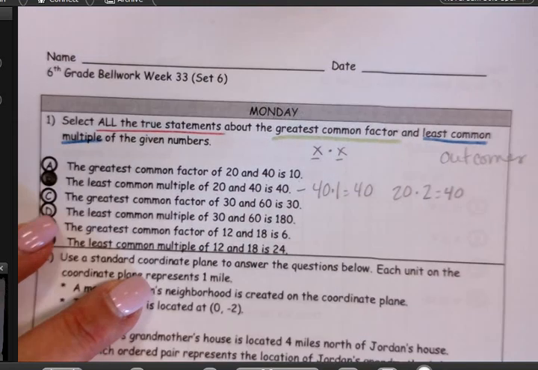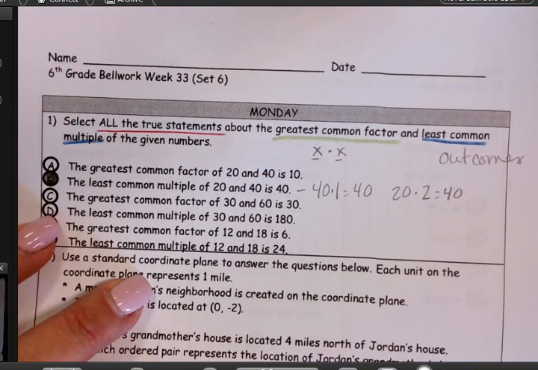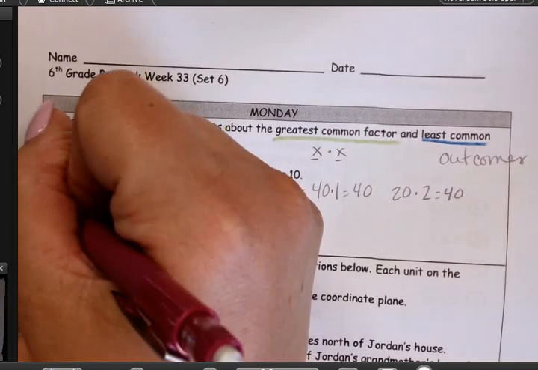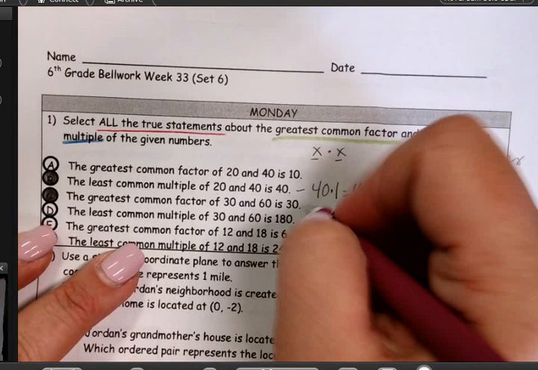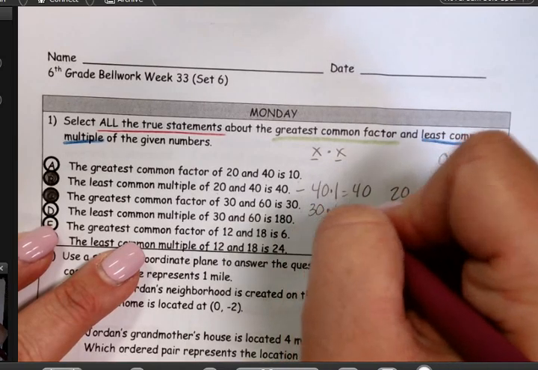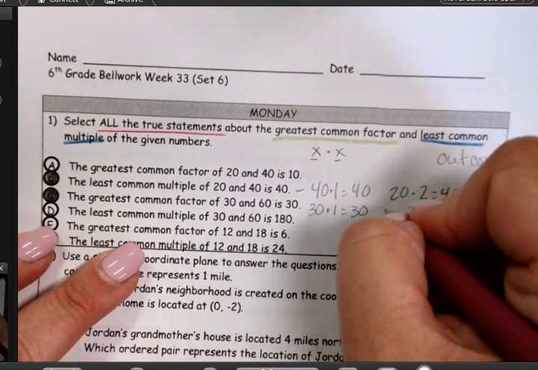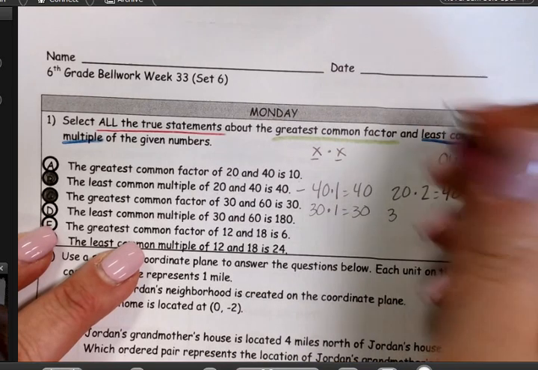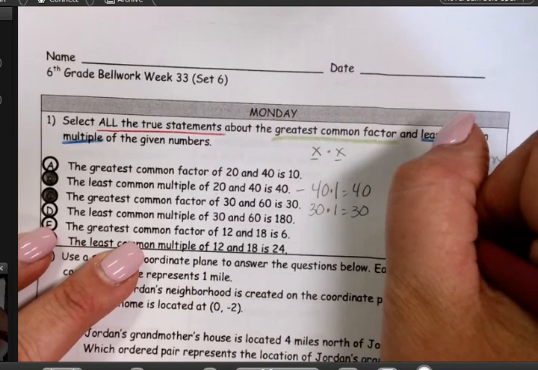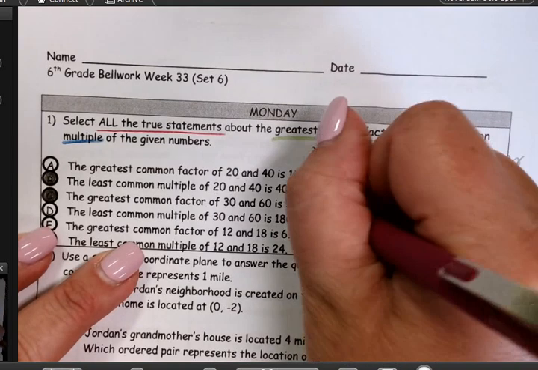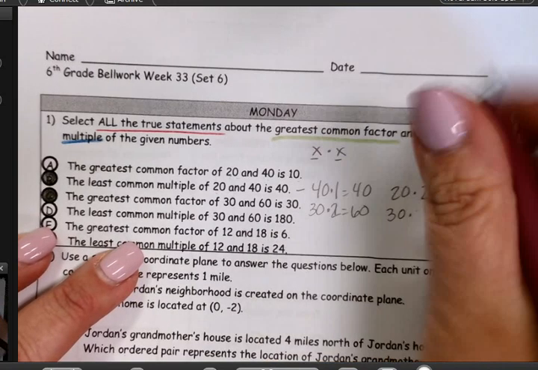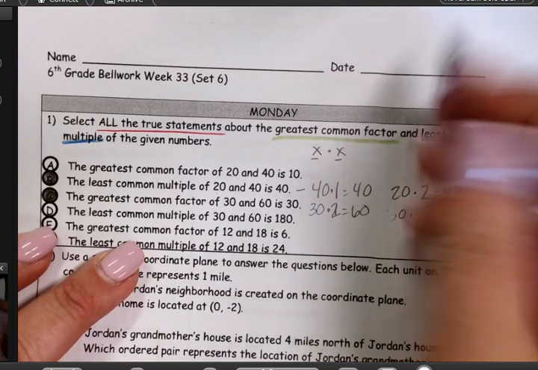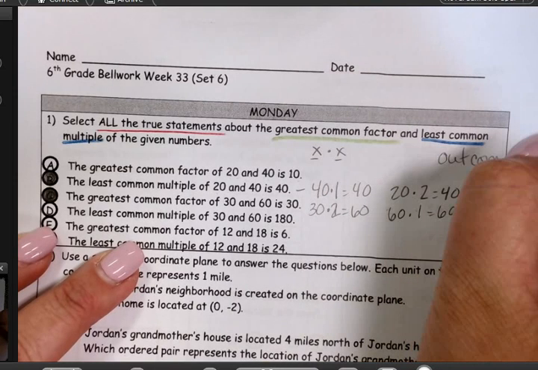C, the greatest common factor of 30 and 60 is 30. Yes. Because 30 times 1 equals 30, and 30 times 2 equals 60, and 60 times 1 equals 60.